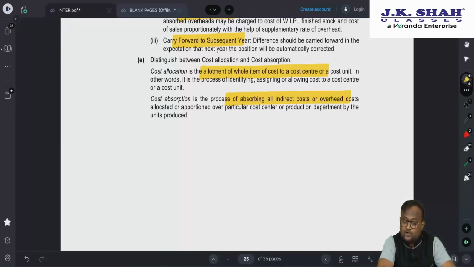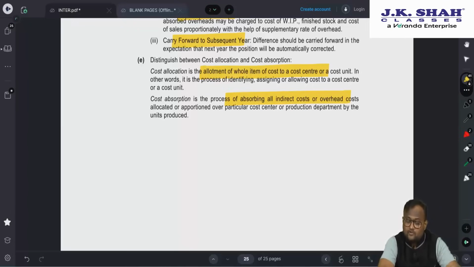In other words, it's a process of identifying, assigning and allowing cost to the cost center and cost unit, like power in the ratio of horsepower and hours, rent in the ratio of floor area, lighting in the ratio of light points. If you don't have information about light points, then you can also consider area, because the larger the area, the more light points will be required, and the smaller the area, the fewer light points will be required. That is allocation.